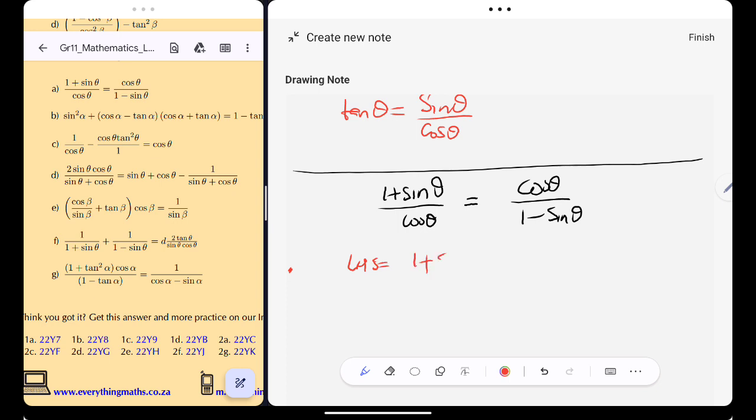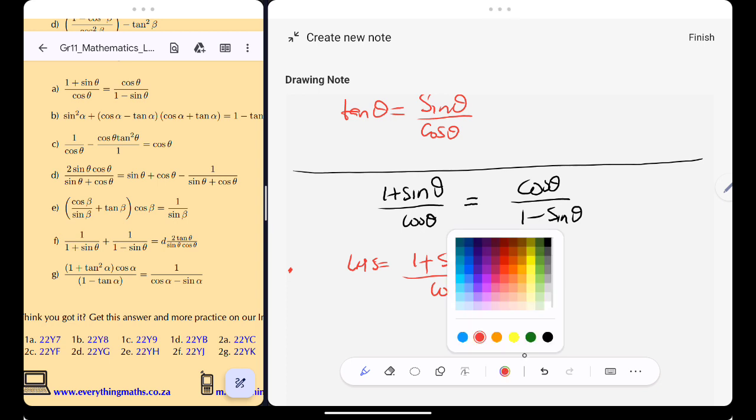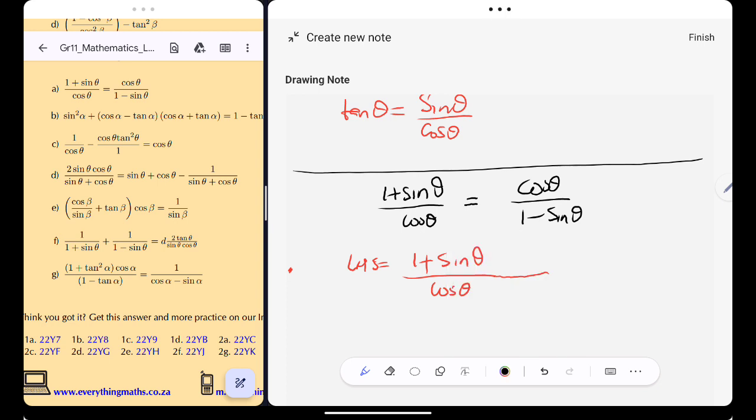I have 1 plus sine theta all over cos theta. There's nothing else I can do with this thing, guys. However, please note that in maths, whenever I multiply anything by 1, I'm not changing anything. Are you together? Anything multiplied by 1 is simply that thing.